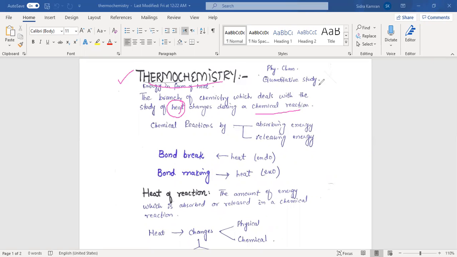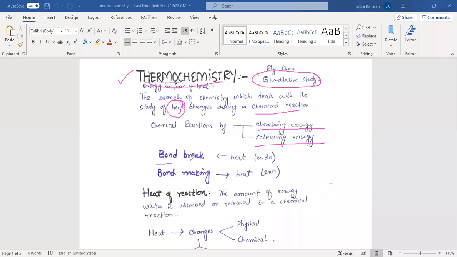In thermochemistry, we discuss the quantity of heat loss or heat gain during a chemical reaction. While a chemical reaction takes place, two things happen: heat is absorbed or heat is released.